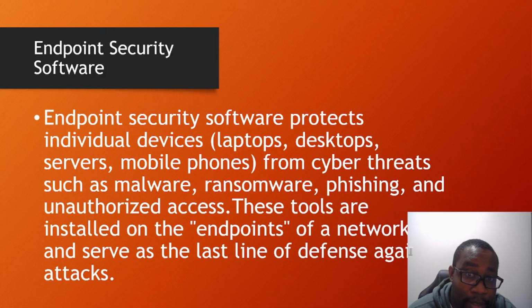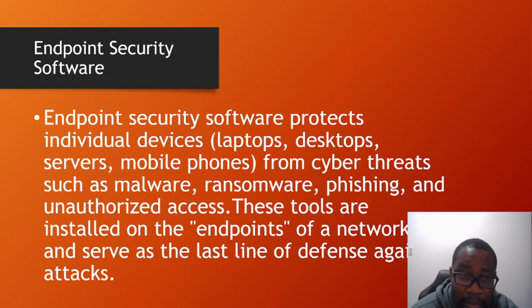Endpoint security software. This is software that protects individual devices from cyber threats such as malware, ransomware, phishing, and unauthorized access. These tools are installed on endpoints of a network and serve as the last line of defense.